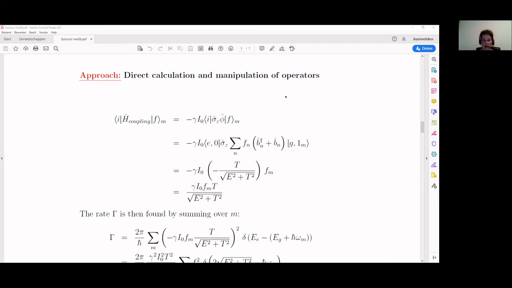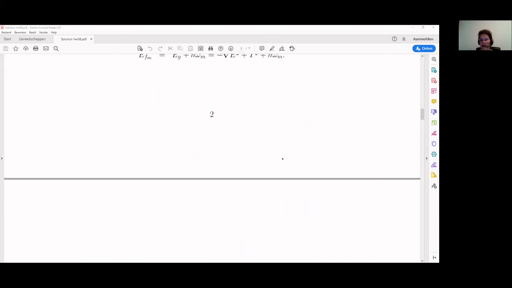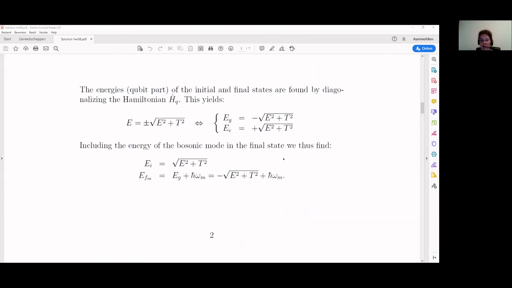So I see a question from Frank. What eigenfunctions do you use? Where do you mean, Frank? Is that in this matrix element here? There I use the eigenfunctions. I haven't shown them. That's good that you ask. For the qubit, E and G, which are two-dimensional vectors corresponding to these eigenenergies.